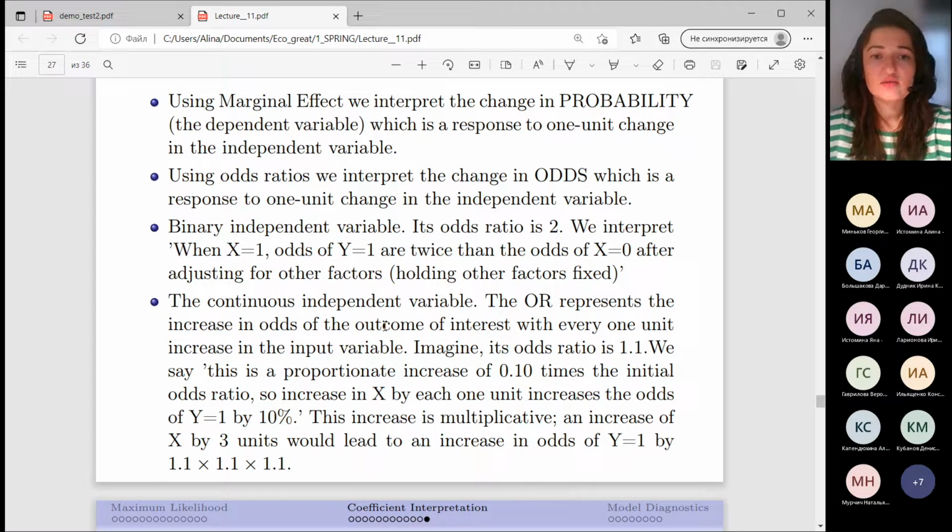Income is a continuous independent variable in our example, and we can say that for a 1 unit increase in income, the odds of our dependent variable being 1 versus 0, where being 1 means owning a house, increase by a factor of 1.1.